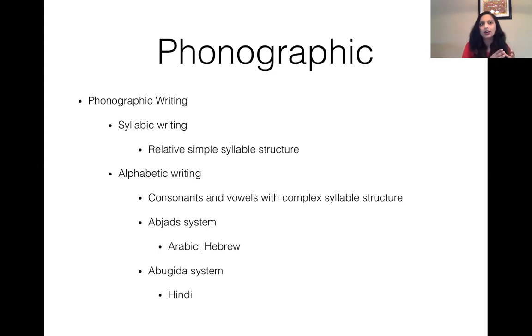This kind of writing, these graphic pictorial representations of language, is very different from phonographic writing. Phonographic writing systems are what we use on a daily basis when we write English or any other language that you're familiar with. Examples of these are syllabic writing or alphabetic writing.